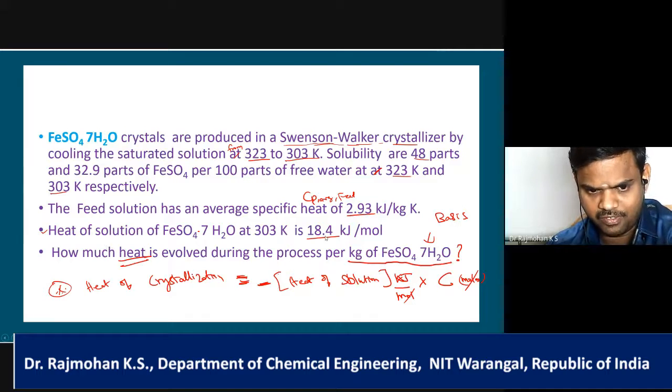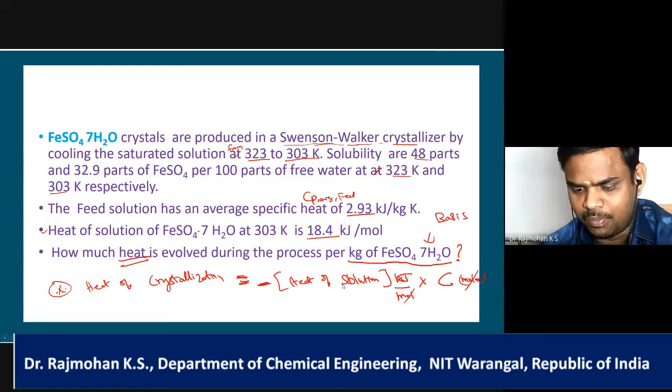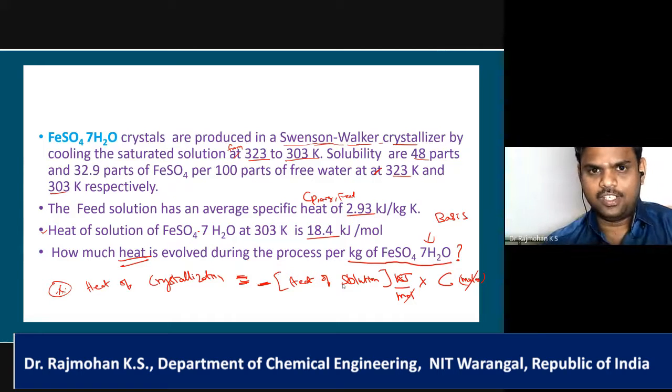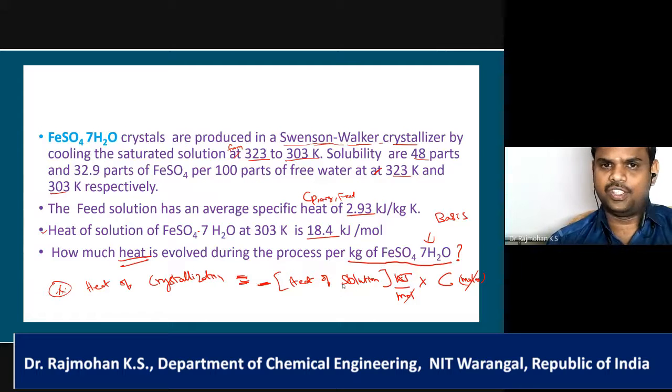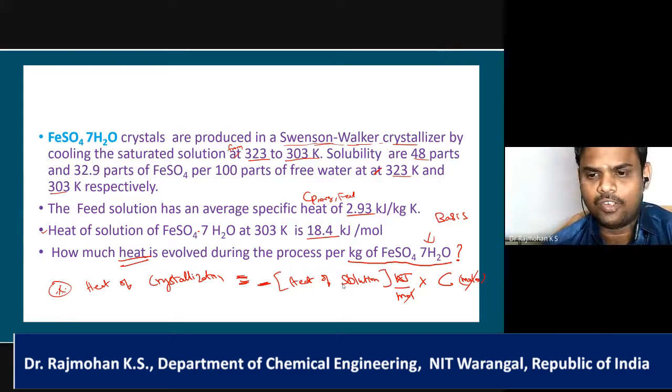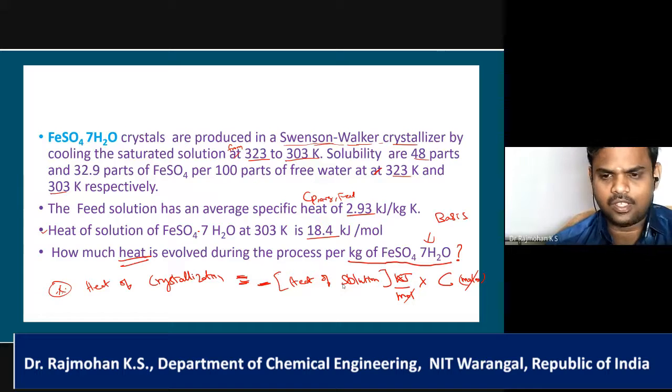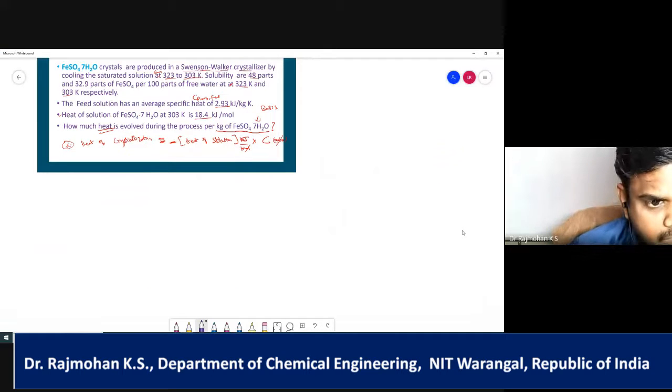Heat of solution is given. Per kg of FeSO4 7H2O crystal formation, how much heat is evolved. In this, we are not proceeding to find the heat transfer area or the heat transfer coefficient. We will just stop where we find how much heat is evolved in this system. So let us write the given data.